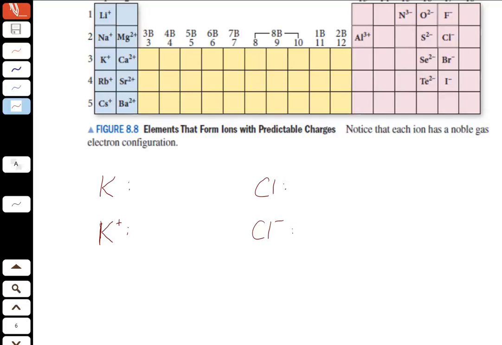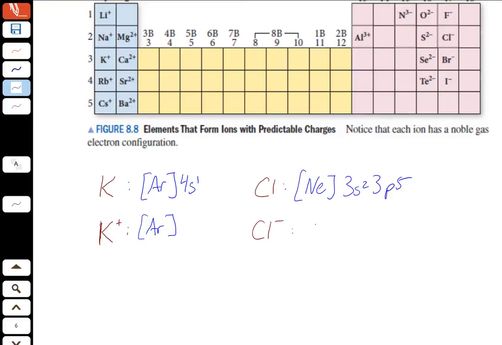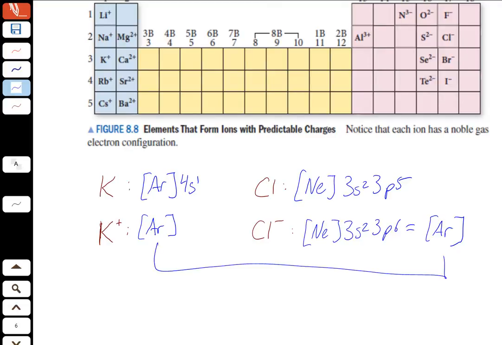Chlorine, the atom, is 3s2, 3p5. And chloride, the ion, is 3s2, 3p6, which is the argon configuration. Okay. So the two ions have the same configuration.